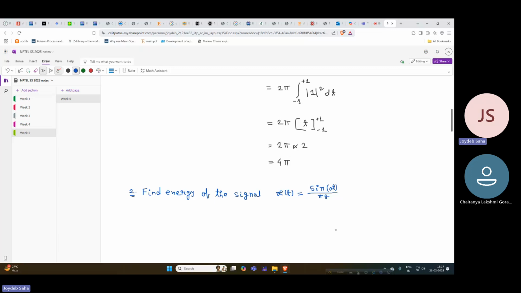It will be a rectangular pulse. So let us try to solve this.